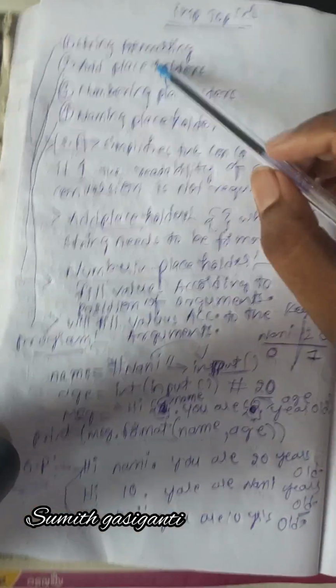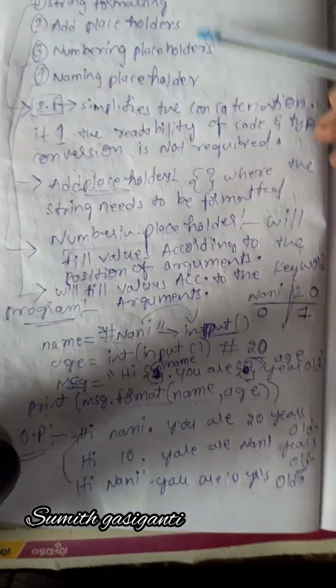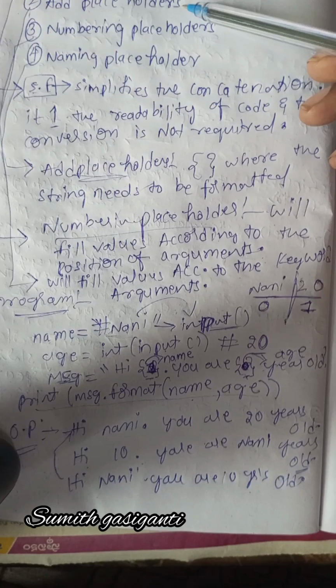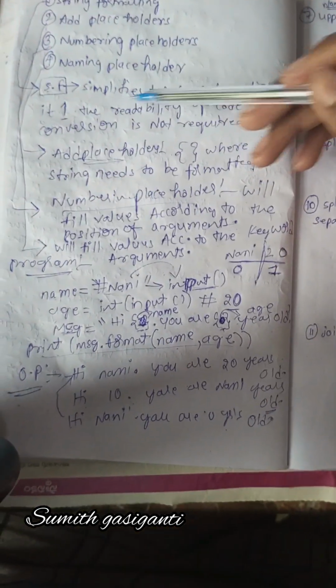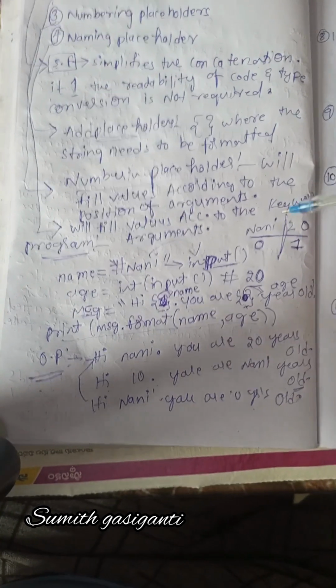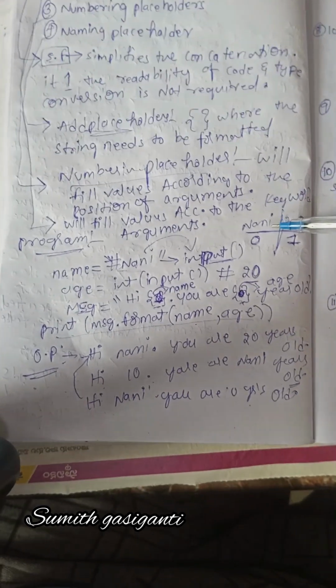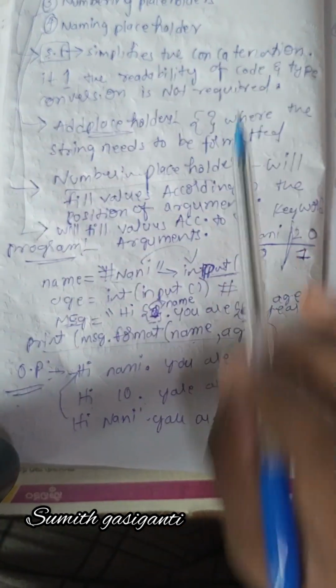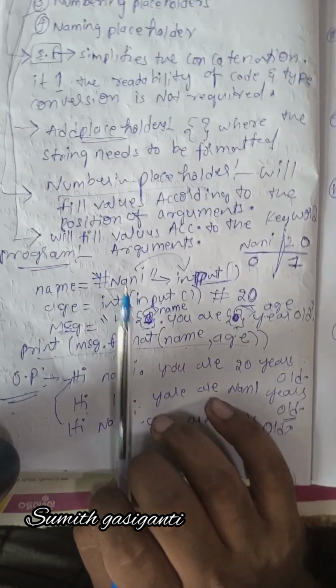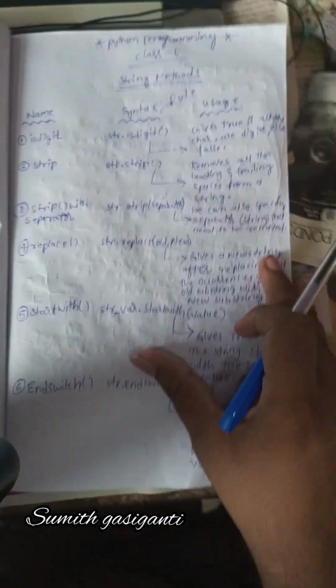And in this class we also discuss string formatting: add placeholder, numbering placeholder, naming placeholder, and I have also written the definition part. Please write these notes for a better understanding of the concept. I am also explaining a program about the definition, and the practical parts are also explained in this class. So this is about the string methods of class 6.